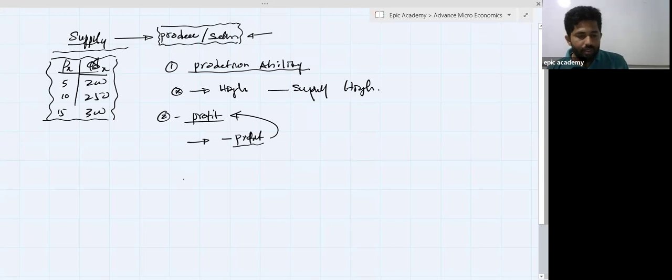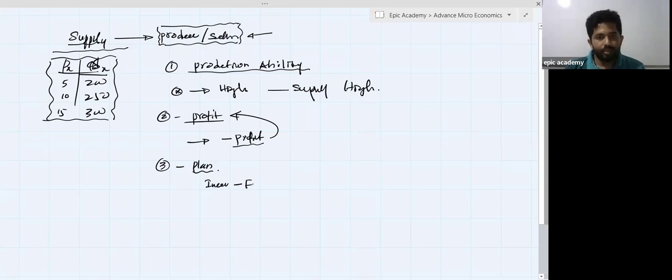The next one is plan. Some organizations plan to increase their production quantity in the future. Already planned.